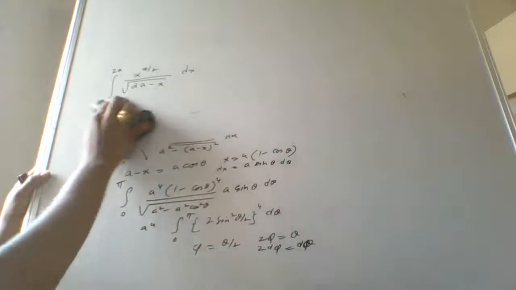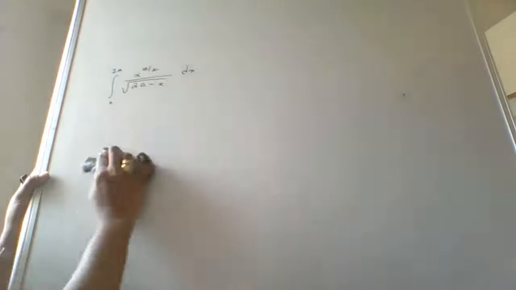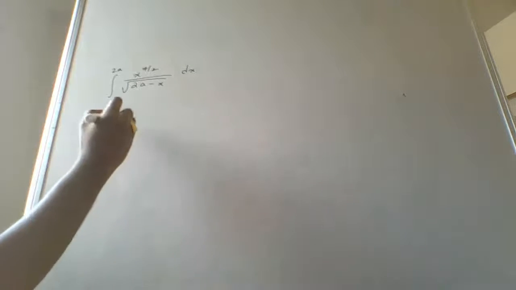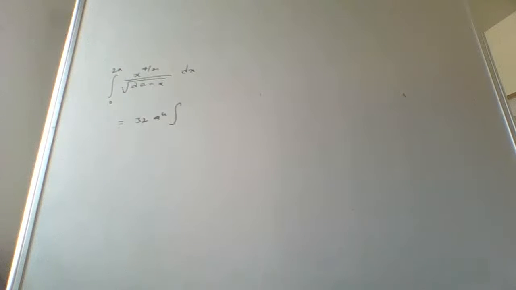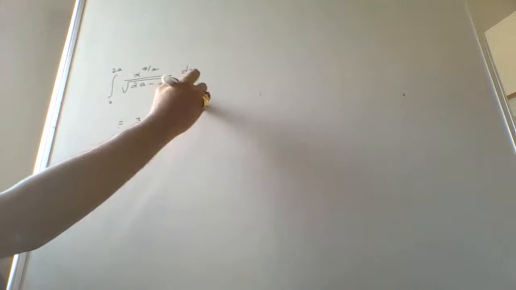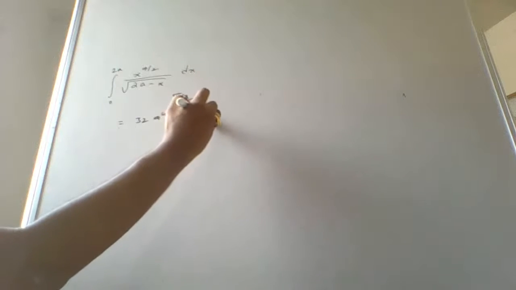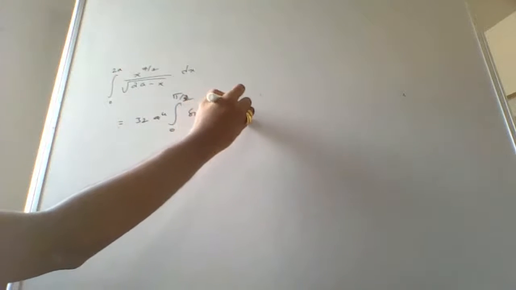If I substitute all those things, I get 32 a power 4, since 2 power 4 is 16, and into 2, which is 32. So 0 to pi by 2 is sine power 8 phi d phi.